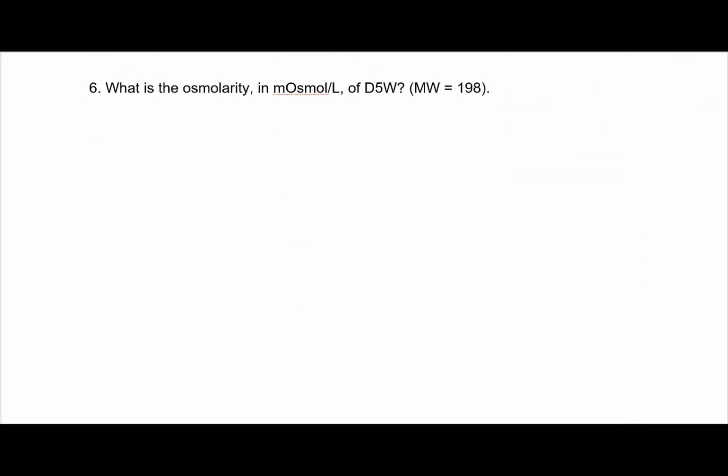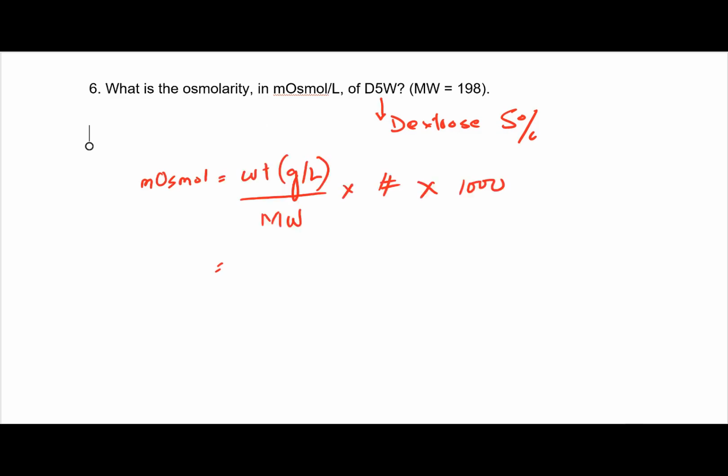The next question, what is the osmolarity of D5W? Now again, those who have worked in the hospital know that D5W is dextrose 5%. So we have to find out the osmolarity of dextrose 5%. So again, write down the equation first. Weight in grams, how do I work out weight in grams?